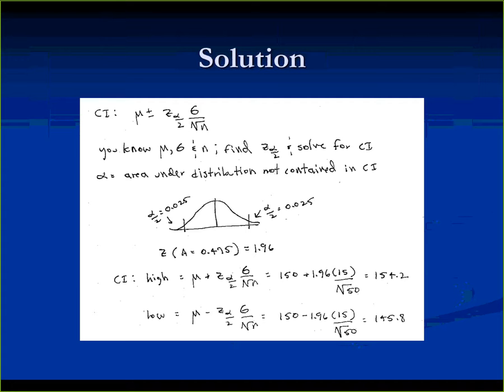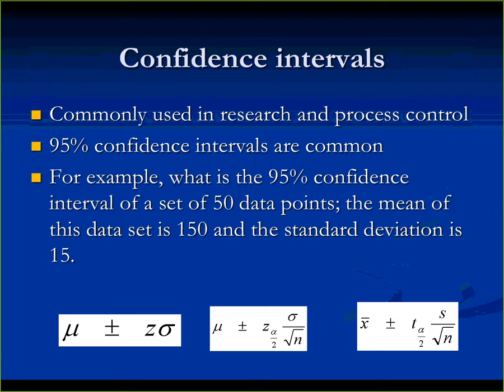It's a sample, so you're not going to use the equation on the left. 50 is greater than 30, that's a large sample, so you're going to use the middle equation on the bottom there. You were given the mean, the standard deviation, and the number of data points in your sample. You just need to figure out what the Z subscript alpha over 2 value is, and then you solve for your confidence interval, and those are going to be the high X value and the low X value, if you will.